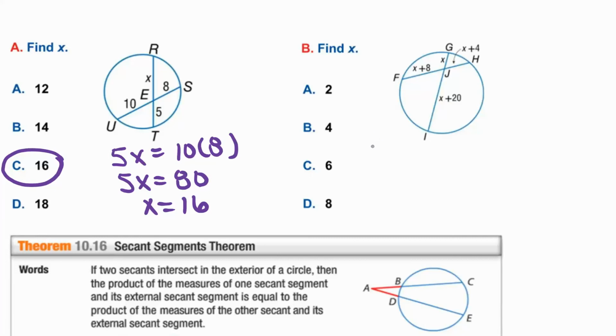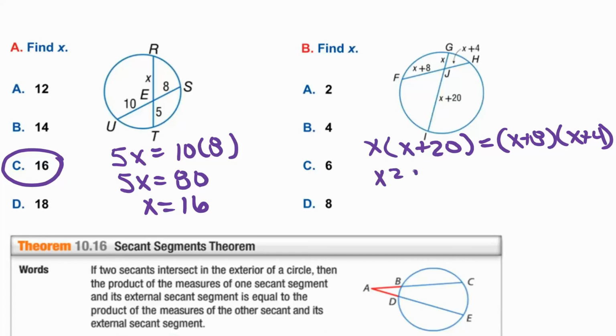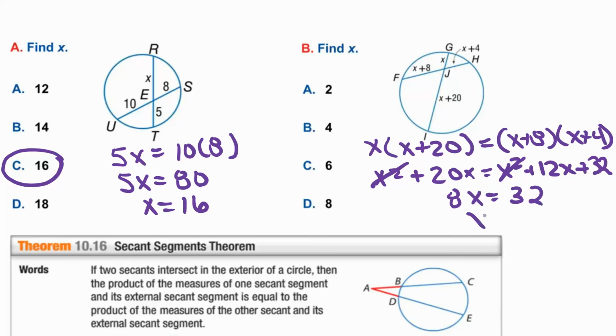The next problem B, we have x times x plus 20 equals x plus 8 times x plus 4. x squared plus 20x equals x squared plus 12x plus 32. Subtract x squared from both sides and continue to solve for x. We would have 8x equals 32, so x would equal 4.